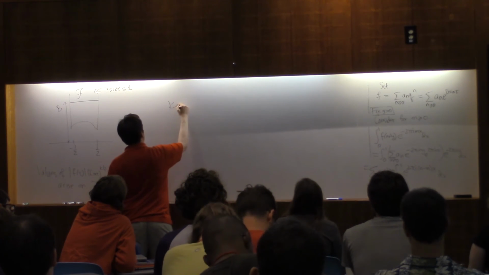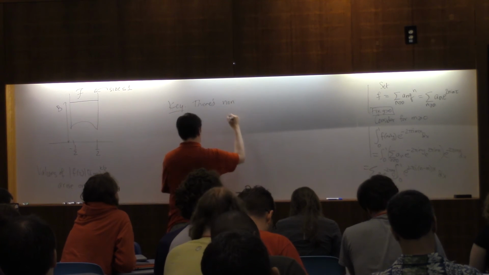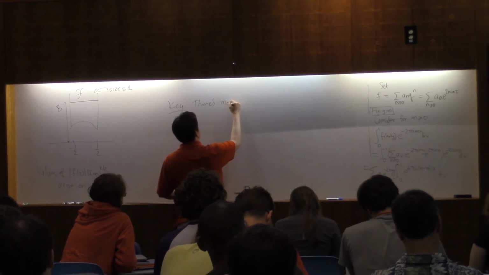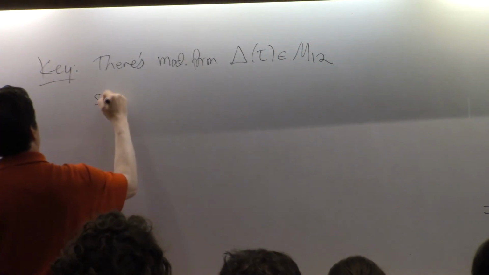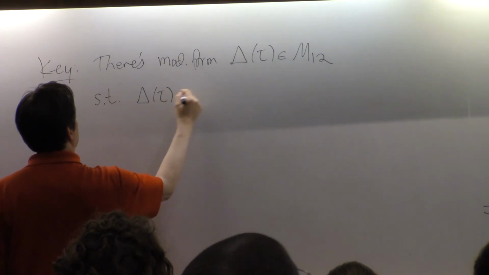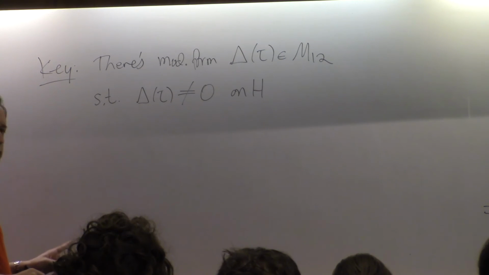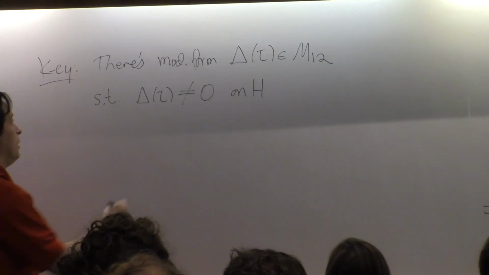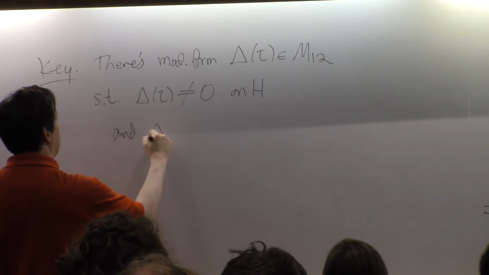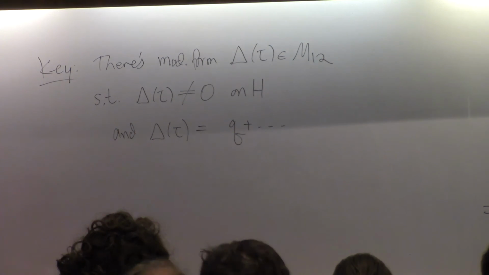The key fact is that there's a modular form, which is usually called delta, of weight 12, so that it's not 0 anywhere on the upper half plane. It's a non-zero function. It never vanishes in the upper half plane, and its Q expansion starts off with no constant term. It starts off with a q.